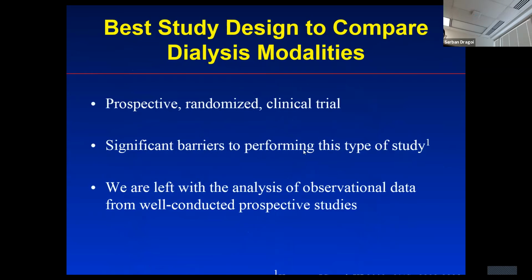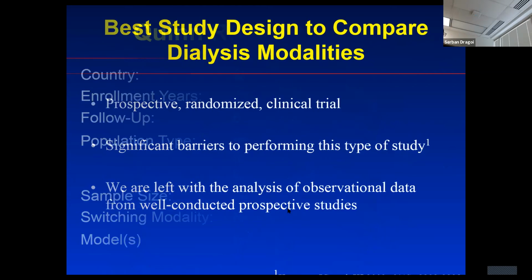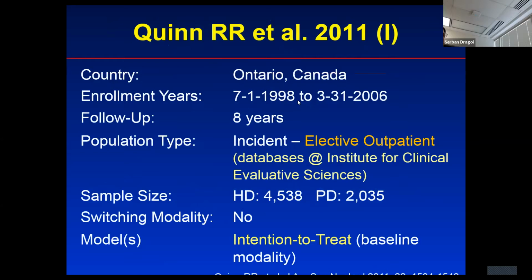There are significant barriers to performing such a study, and we're left with the analysis of good observational data. We have this good study over 8 years from Ontario, Canada, with incident elective outpatient starts, about 4,500 HD and 2,000 PD patients roughly. No switching between modalities, and based on an intention to treat baseline modality analysis.